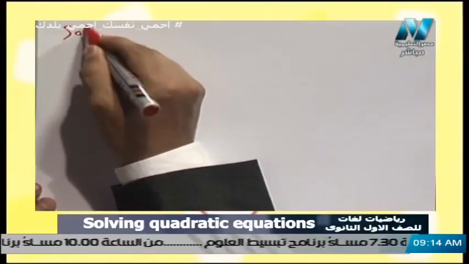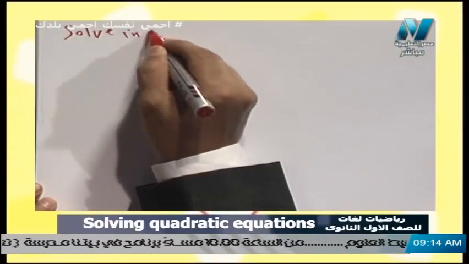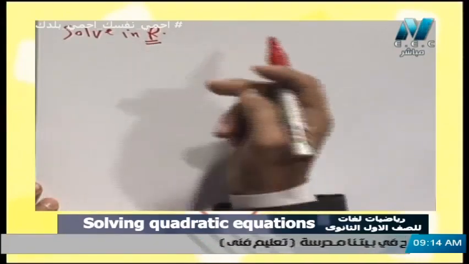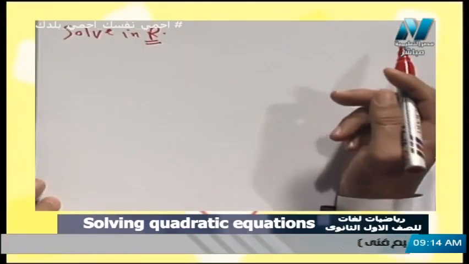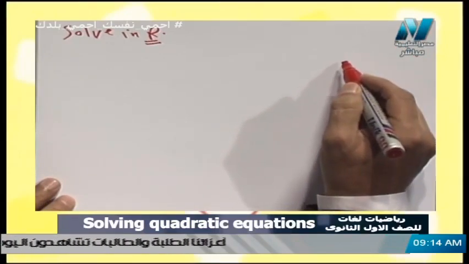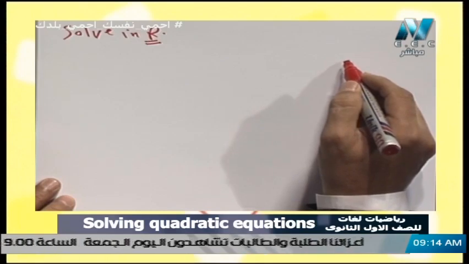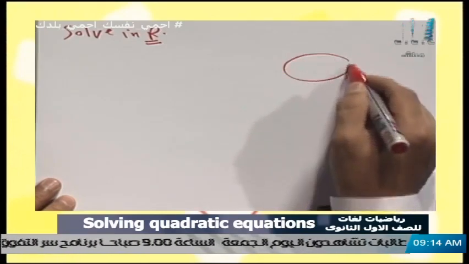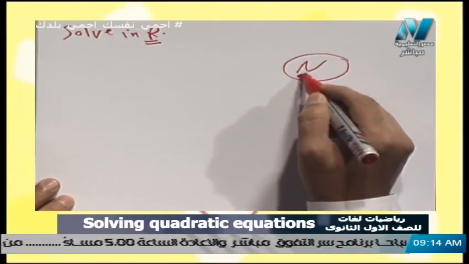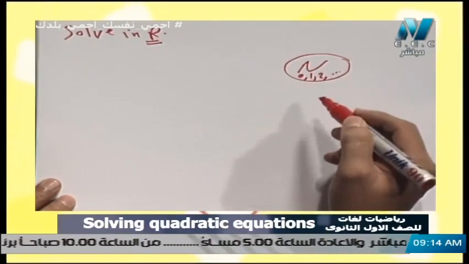New paper. Solve in R. In R means real numbers. Real numbers, as we know, include many kinds of numbers. First we studied something called natural numbers, which means 0, 1, 2, and so on.